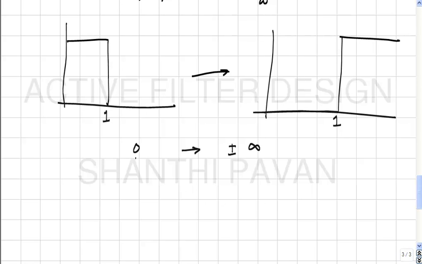The action that happens at infinity must happen at 0, and 1 should happen at 1. Okay. So what is the 1 by omega?